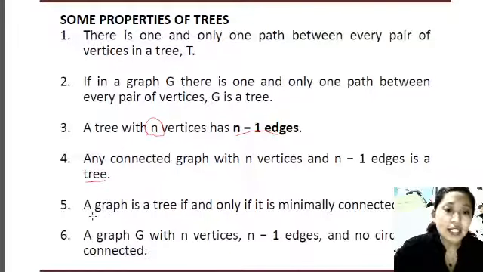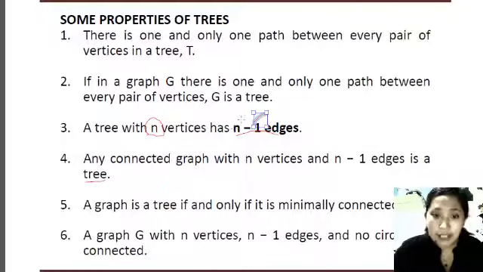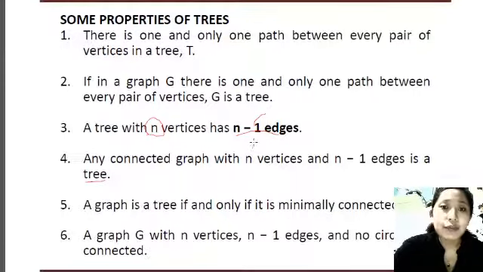Next property says that a graph is a tree if and only if it is minimally connected. So minimally connected means it is connected with the minimum number of edges. That means for n number of vertices, you have exactly n minus 1 edges, which means that if you remove even one edge from that graph, it will become disconnected.